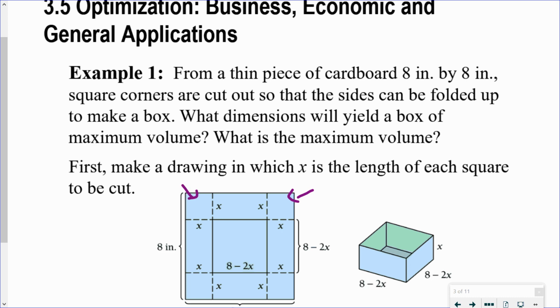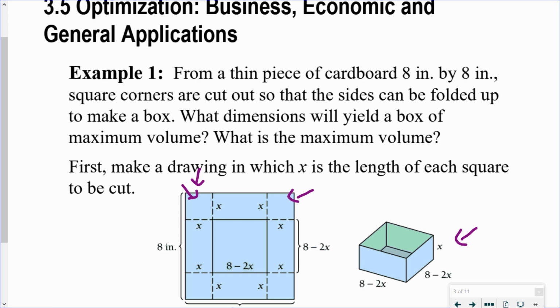You'll notice that each of the sides, when I fold that up, is going to be X units long, and you can see that also in the picture here. So what dimensions will yield the box of maximum volume, and then what is that volume? That's what we need to find out.